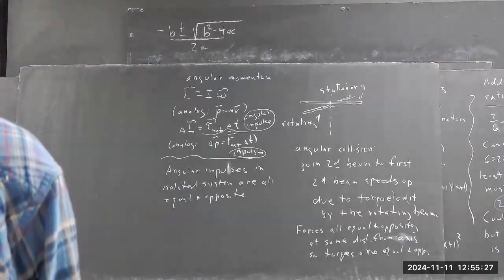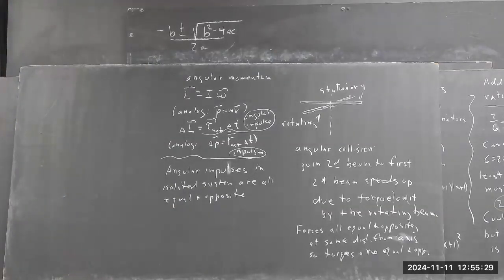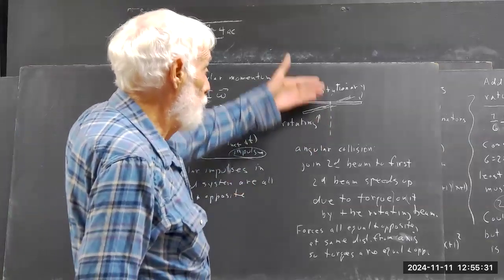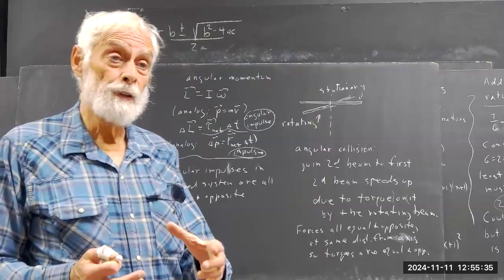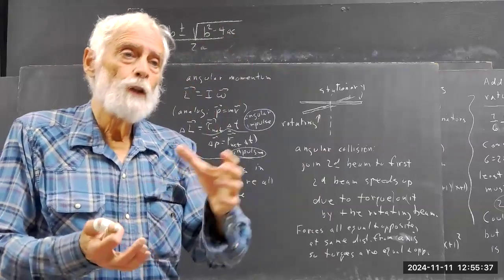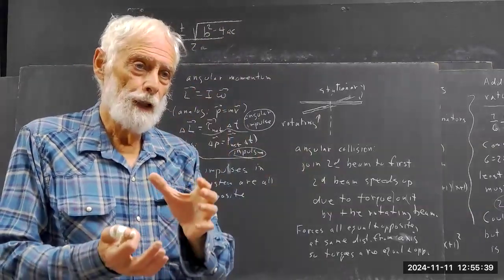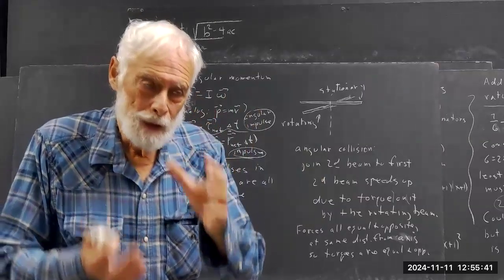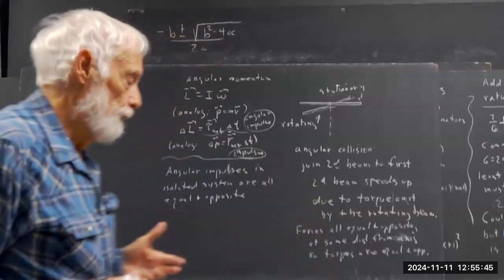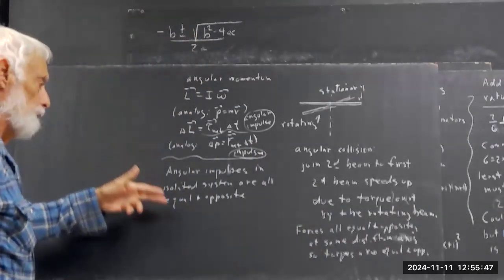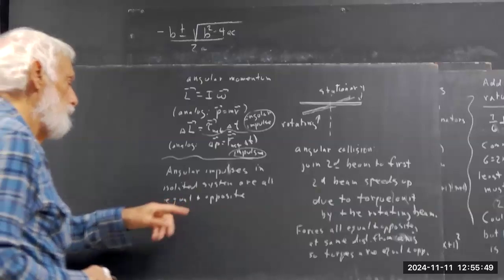That makes sense? Because if your system just consists of two objects, it's pretty obvious. Anytime two rotating objects interact, they interact by equal and opposite torques. Again, assuming you have an isolated system. Okay, angular impulse, equal and opposite.